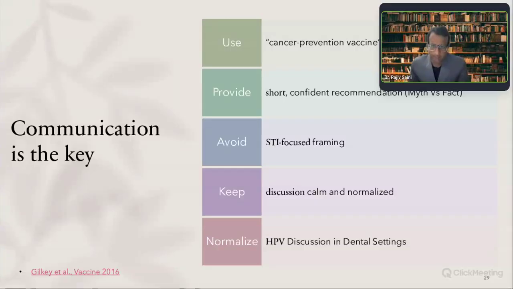Try to make the discussion calm and normalized. Cancer prevention framing, the way we frame the wording, improves the acceptance rate, and brief, confident discussions reduce the stigma, especially related to the sexual contact nature of this infection.